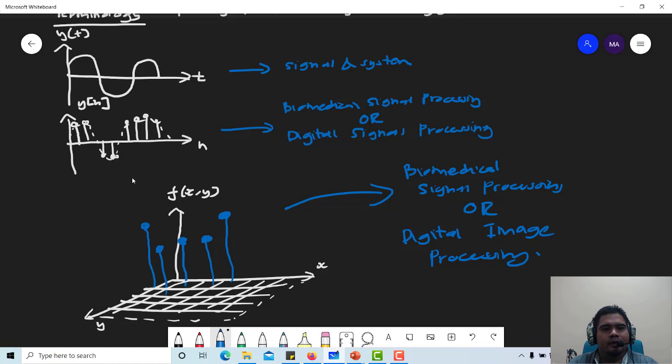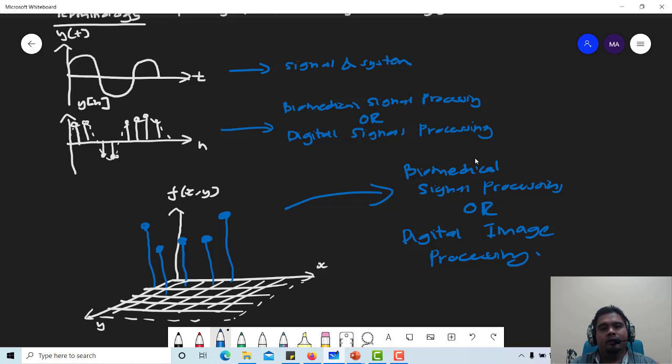For this one, the amplitude is your y, but in this one the amplitude is now f, because f has two coordinates or two horizontal axes, which are x and y. That's why they call it a two-dimensional digital signal, which you will learn in this class.